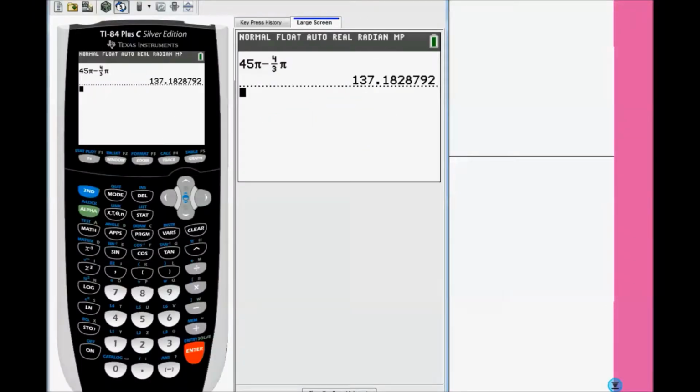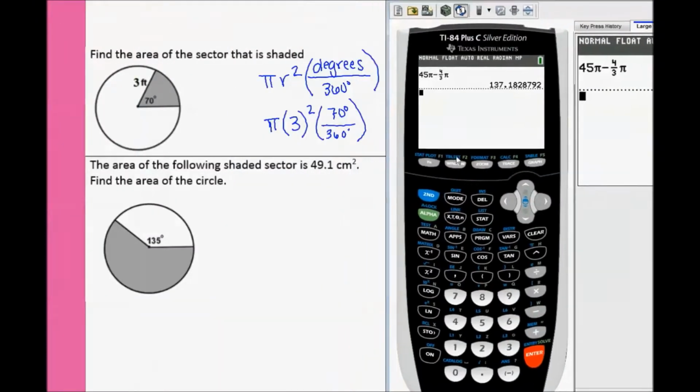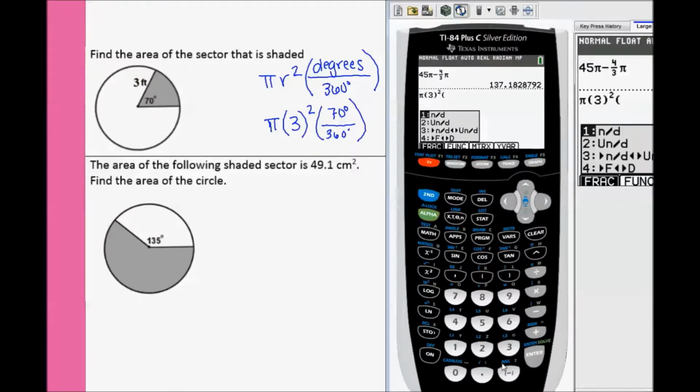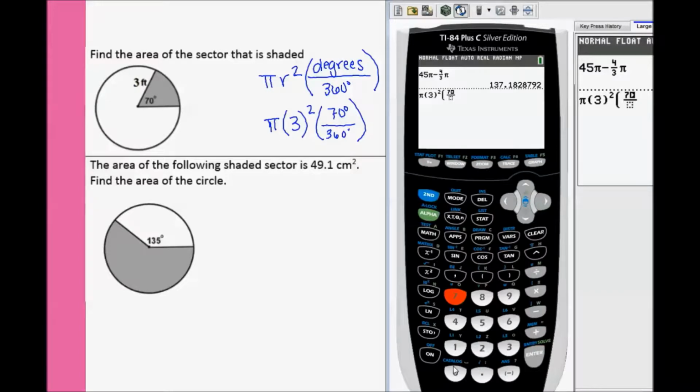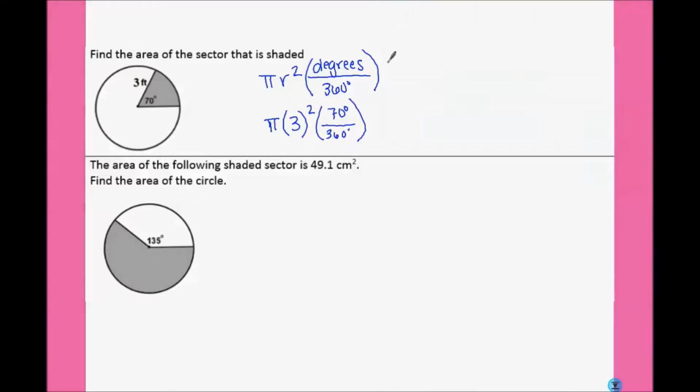So let's put that in our calculator. Pi times 3 squared times 70 over 360. And we get that that sector would round up to 5.5 feet. And because it's an area, the feet will be squared.